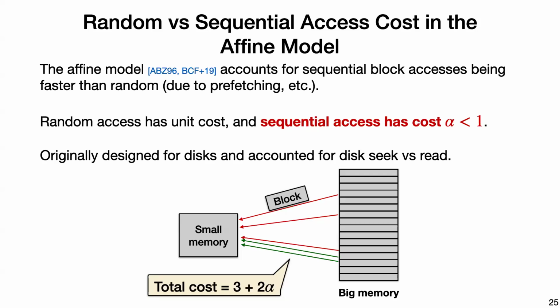You initially pay the startup cost of getting it. In memory, this is prefetching. In disk, this is like seek, for example. Originally it was for disk, but there's no reason that you couldn't apply this in memory. I think this is maybe the first indexing paper that I've seen that actually tries to do something practical about this. They did have some paper doing micro benchmarks on this, but it was in disk previously.